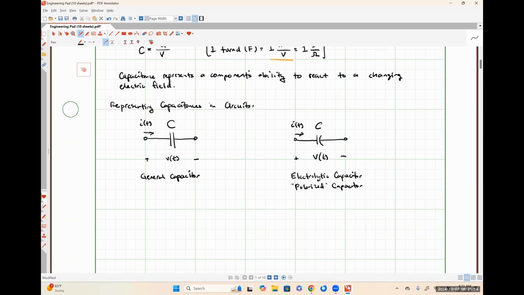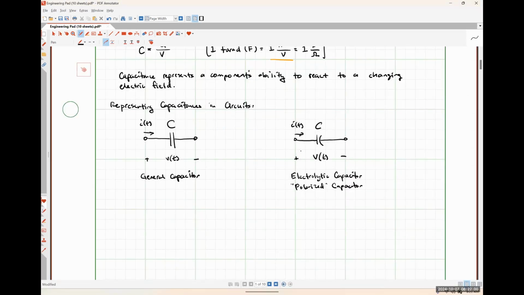All right, so now let's get into our current voltage relationships. So let's call this circuit characteristics.